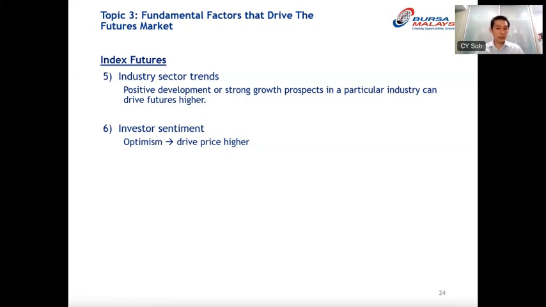So positive sentiment or high investor confidence can drive the market price higher, while negative sentiment or fear in the market can lead to declines. Here you can see it is important to take note that the impact of these fundamental factors can be different depending on the specific index and the market conditions.